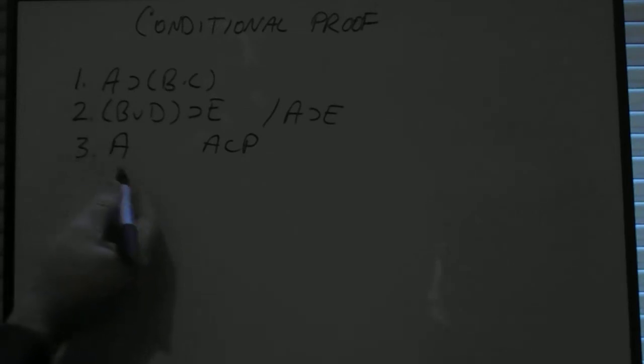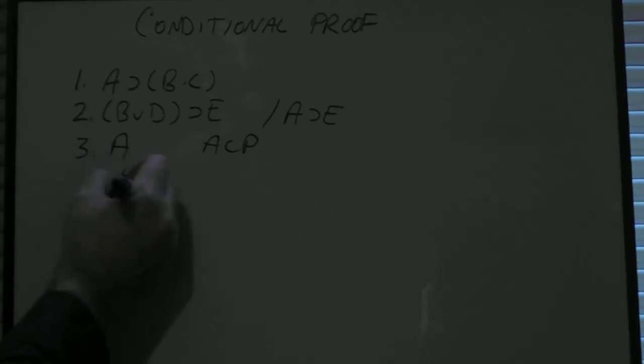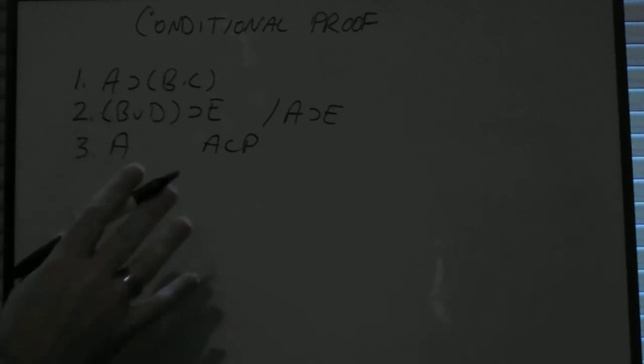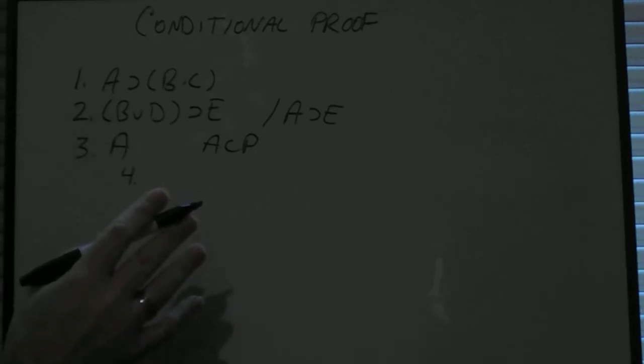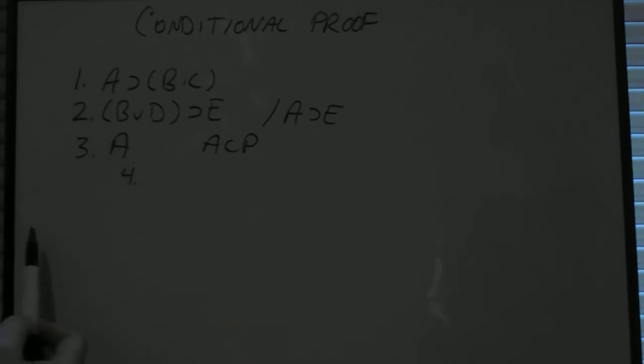So we've got an assumed conditional proof of ACP. Now, because this is conditional, everything that we do from here on is going to be indented, and it's important that you indent that. So line 4. From here on, you're just going to go ahead and solve as you normally would with these problems, using this as a new premise that we can work with.